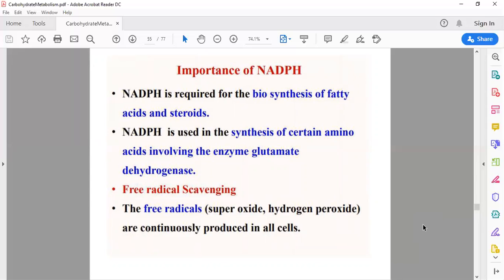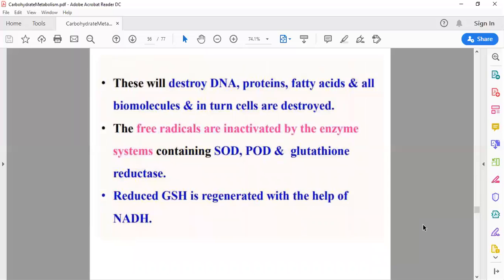Third, it acts as an antioxidant by inhibiting the free radicals formed in different reactions. Next, it helps in the detoxification of drugs and foreign compounds by hydroxylation reaction. Then another important point is phagocytosis.